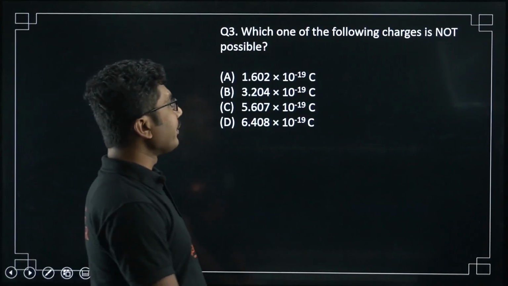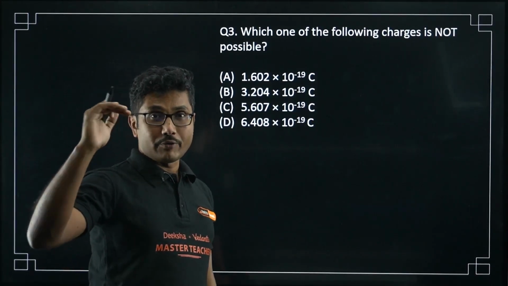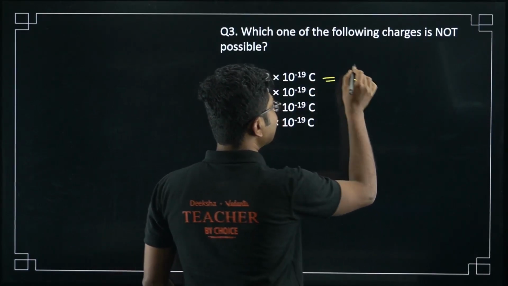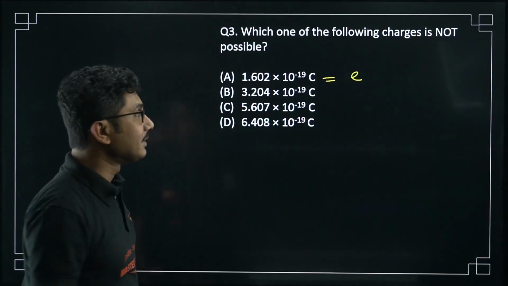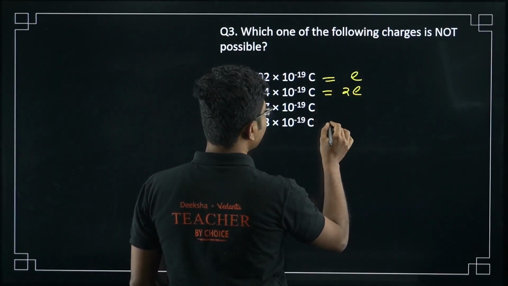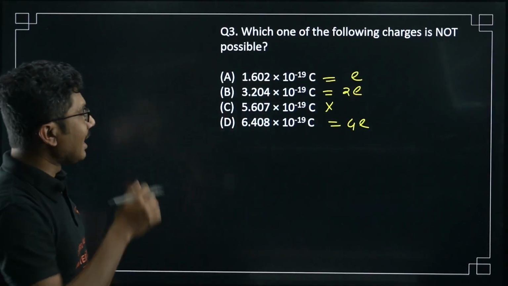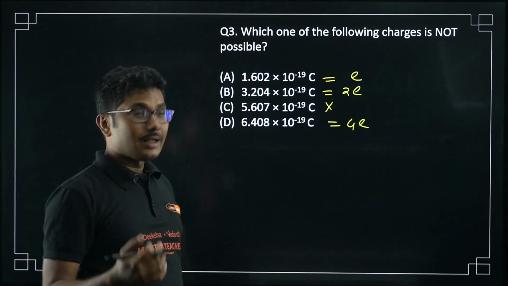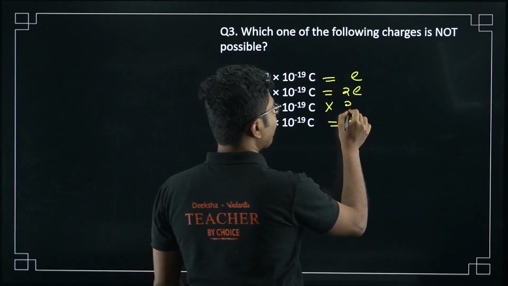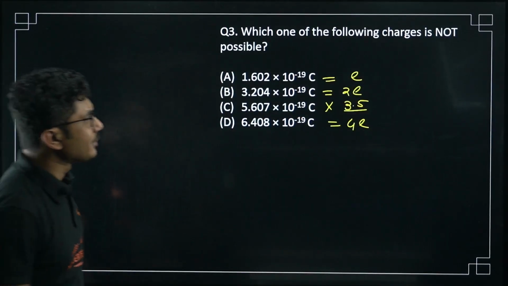Now, which of the following charges is not possible? This question is based on the quantization principle. As you can see, this is an integral multiple of charge. It is itself the charge e. This one will be 2e. This one will be 4e, but this one is not an integer multiple of e. It is 3.5, which is not possible.